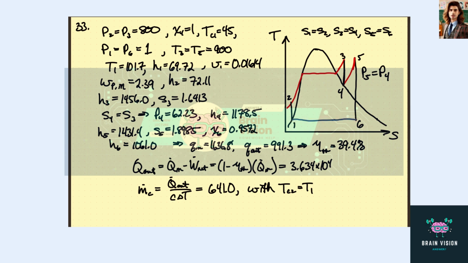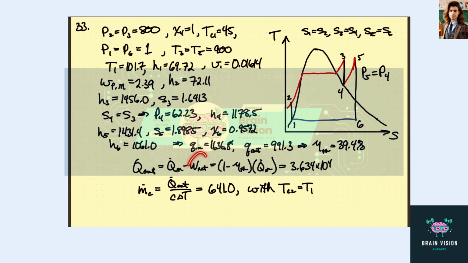The Q dot out, the heat transfer out of the water in the cycle, will be the heat transfer in to the water from the river. So that's just Q dot in minus W dot net, just looking at a control volume of this whole system.